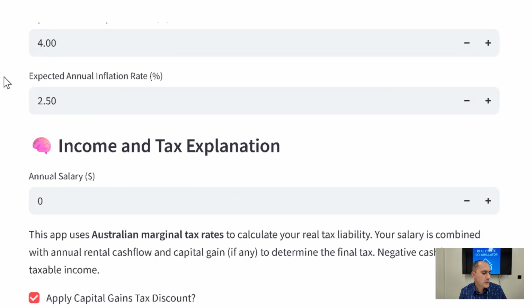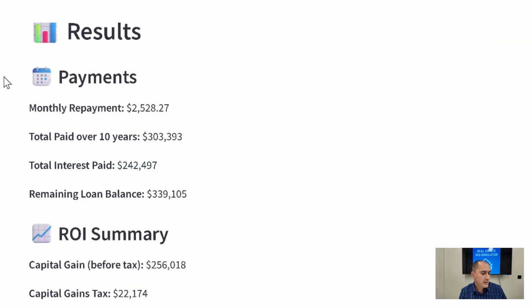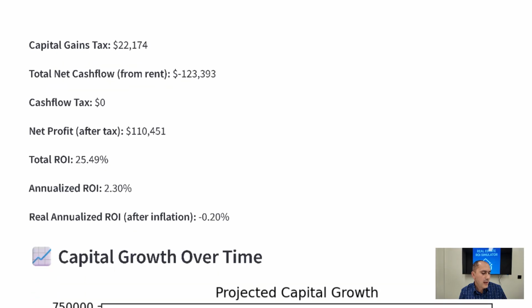Now let's have a look at the result, see how annualized return rate is, which is 2.3% here, and the real annualized return rate is minus 0.2%, which is a negative number here, and it means that in reality you're not only not gaining money but also losing money.